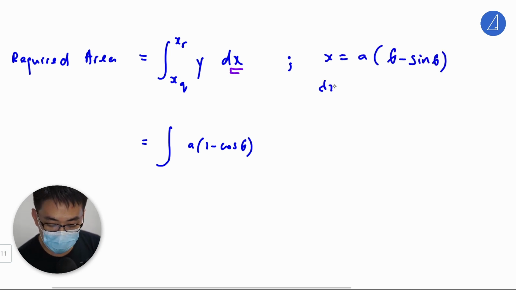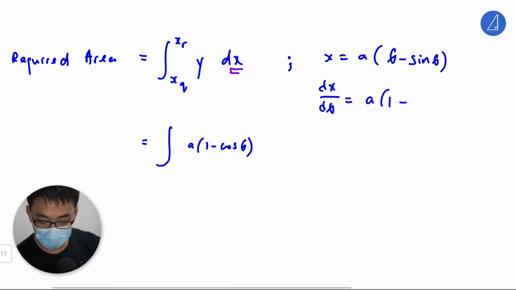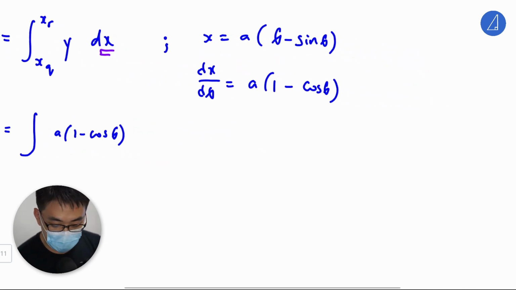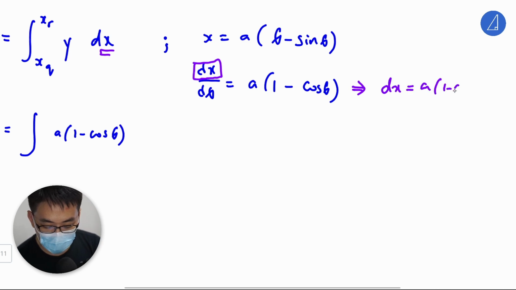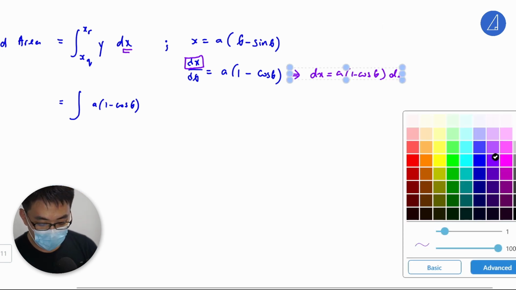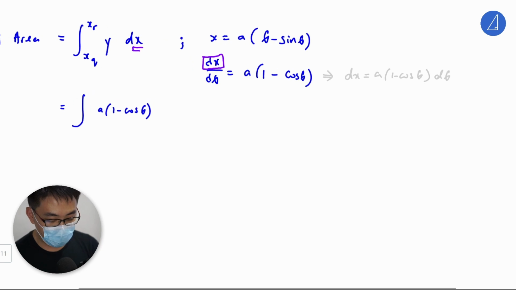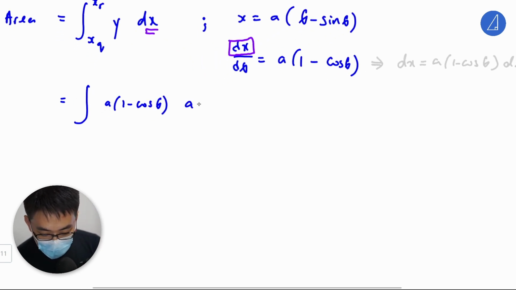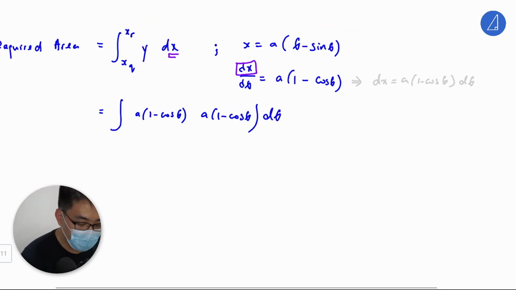So dx d theta is a(1 minus cosine theta), since differentiating sine gives cosine theta. Remember, you treat this as an entity. So dx equals a(1 minus cosine theta) d theta. Your school will say, cannot write this, so please erase it after usage. Only one time disposable; use it once, then throw it away. Once you're done, you'll have a(1 minus cosine theta) d theta.